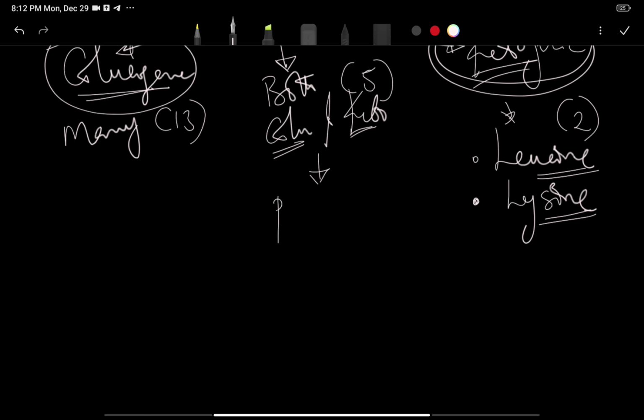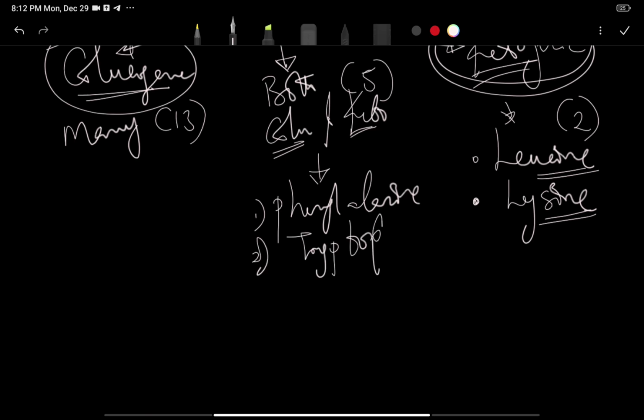I believe you want to say phenylalanine. I believe you want to say tryptophan. I believe you want to say tyrosine. That is very correct. So the 3 of them are both glucogenic and ketogenic, meaning if we break them down, they have the ability to form ketone bodies. They also have the ability to form glucose.